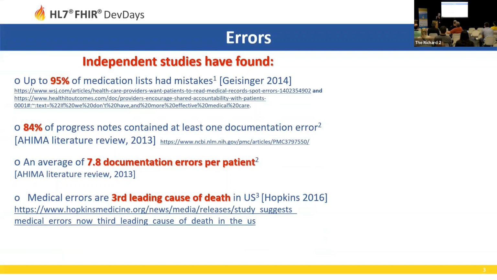So why is this guide needed? Why is it important? Well, there are numerous studies that have been done that show that our medical records are riddled with errors. And the reason why our work group chose this project is we had a prioritization exercise.